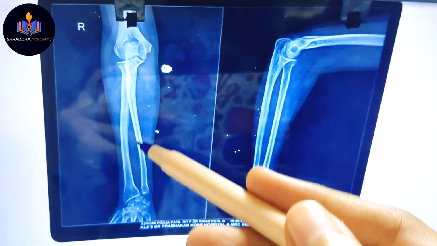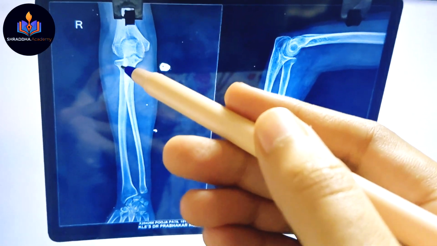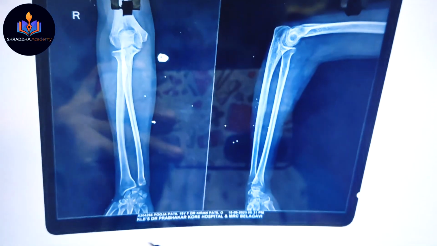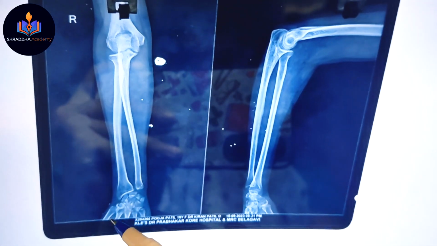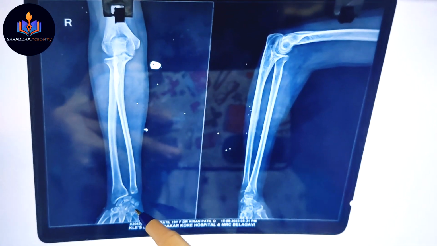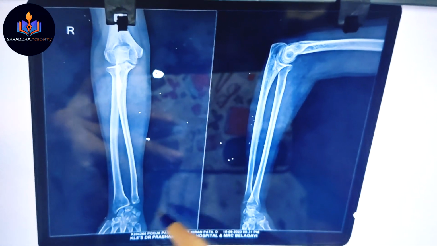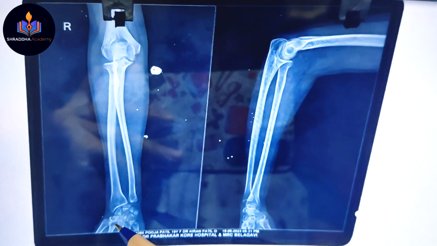This is the ulnar bone, this is the radius bone which is round in shape. This is the head and neck, and here come the 8 carpal bones. Okay, so these carpal bones, how many you are able to see here, you should tell to the examiner.